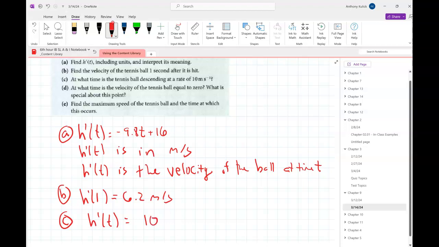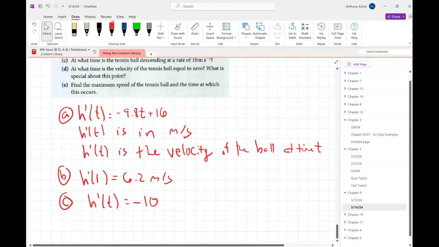Read the question one more time. Descending means the ball's coming back down. Velocity has a direction component. That should be negative. Down is negative. Everybody feel good?